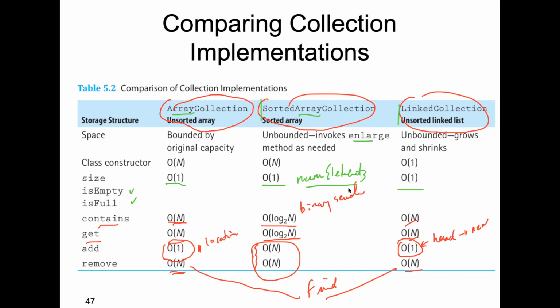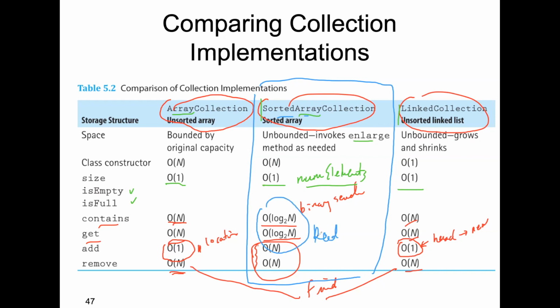So let's step back again and look at these collection implementations and see what type of problems are more suited for each of these. I would say if you have a problem that requires maintaining the order of elements, either by their natural order or by their inherent or implicit values inside the elements, then you can consider sorted array collection, especially if there is a lot of reads, meaning a lot of requests coming into your collection looking for something.